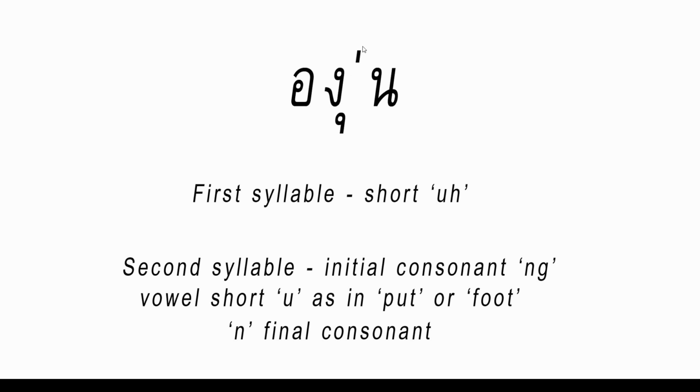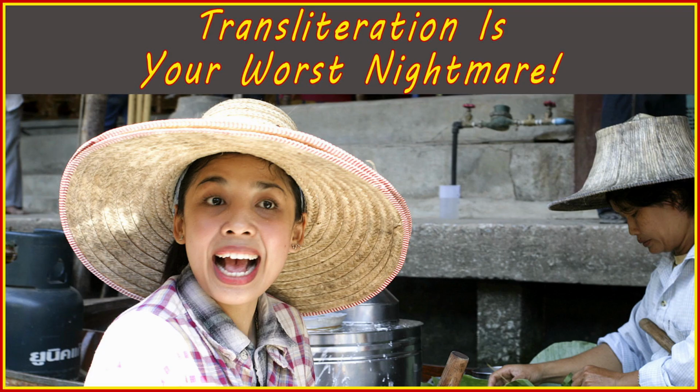So the tone of the second syllable, the initial consonant is low class, and the tone mark is the first tone mark, and a combination of a low class initial consonant and the first tone mark is a falling tone. So Angon. And as I've said many times, my tones and pronunciation aren't fantastic, but that's basically the sound it makes. I hope that was useful.